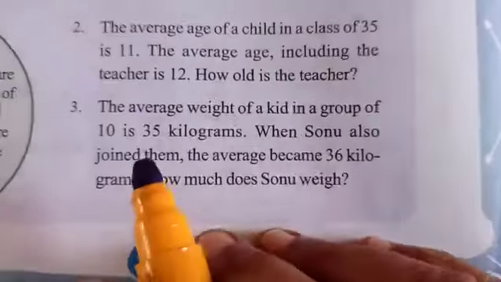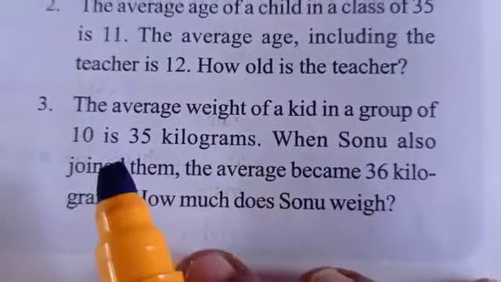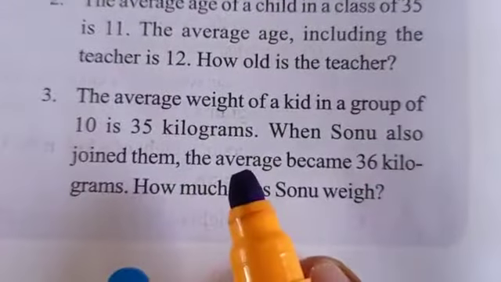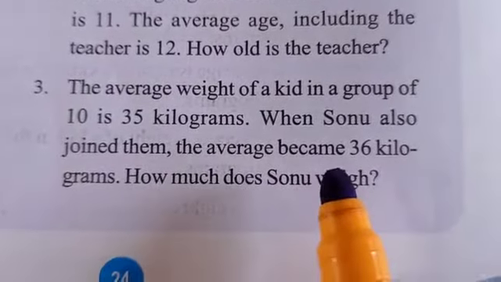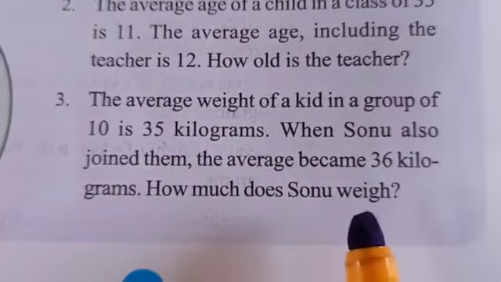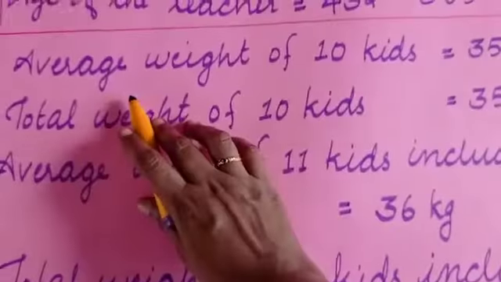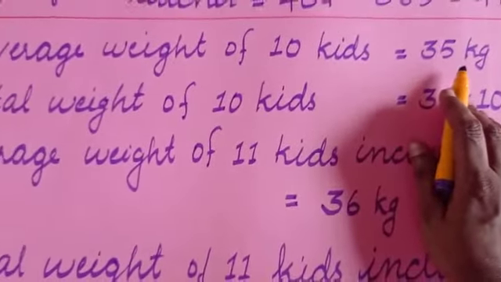Okay. Next activity: the average weight of a kid in a group of 10 is 35 kg. When Sonu also joined them, the average became 36 kg. How much does Sonu weigh? Here the average weight of 10 kids is given as 35 kg.